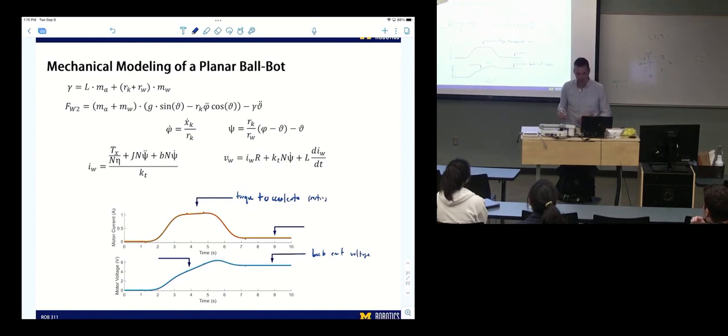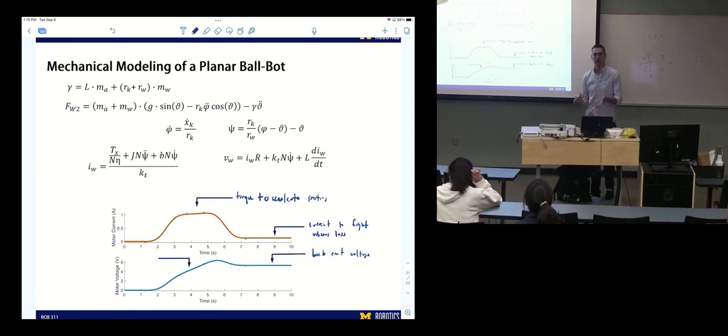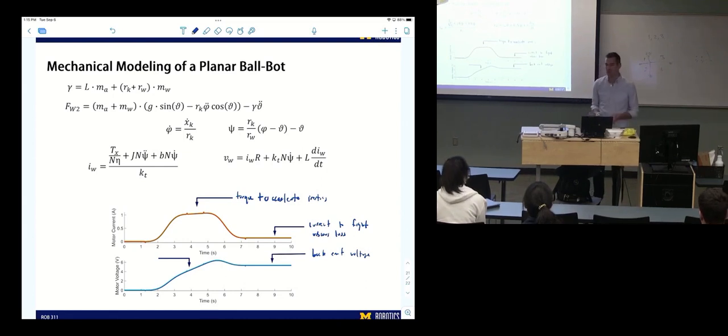That is. It is the current or torque to fight viscous loss. So then at that point it's not accelerating anymore, so there's no more external torques essentially on it. All it's doing right there is maintaining a constant velocity and fighting the viscous resistance in the motor.